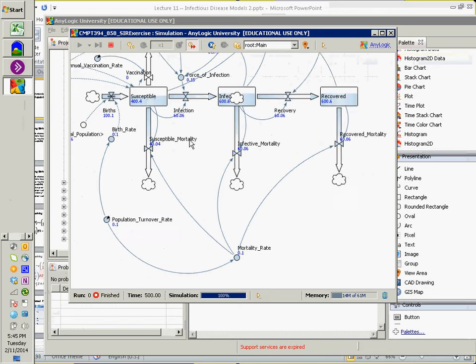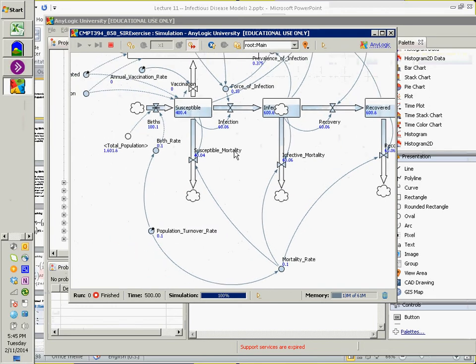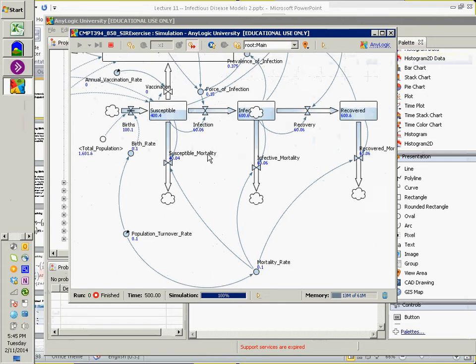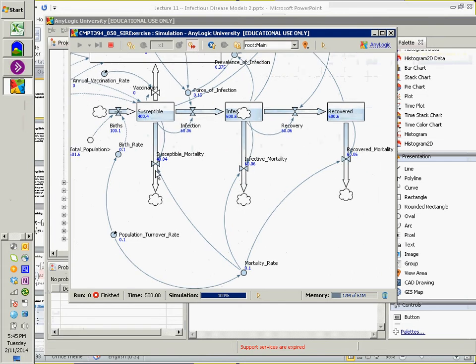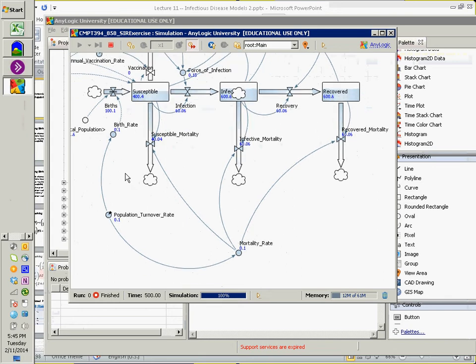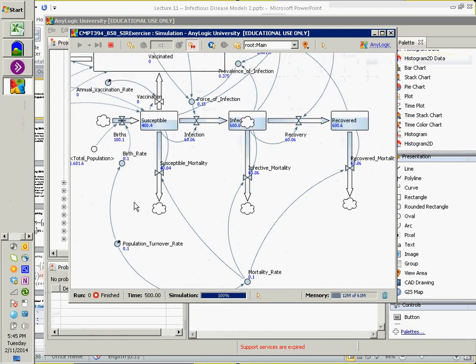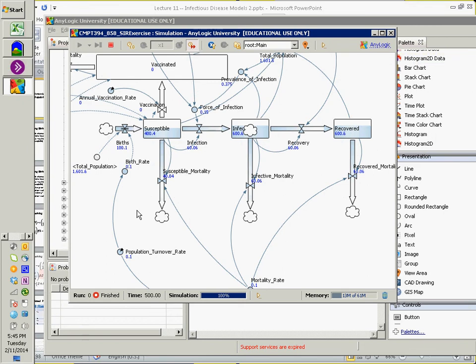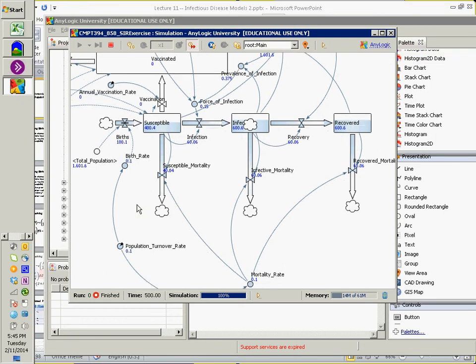Now I'm checking. Okay, that's interesting. I'm going to have to think about that. So here we have mortality. These are about 60, 60, 40, and births is 100, which is interesting because, wait, this is 40, 60, 60, okay.